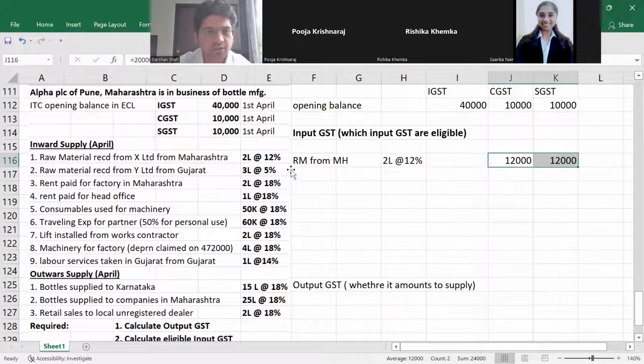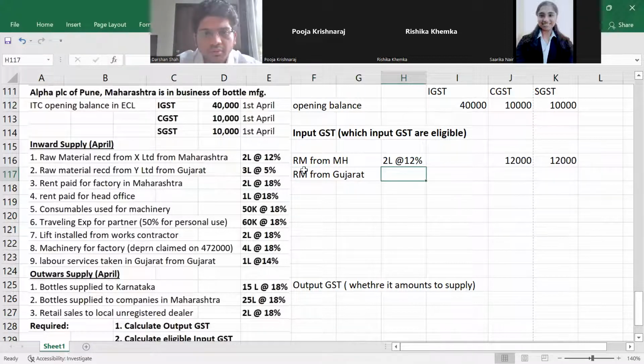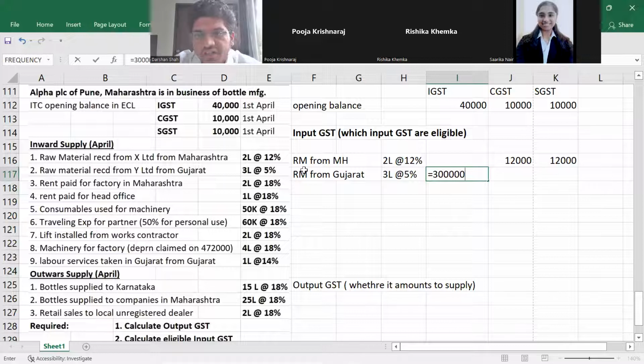Next. Again, it's raw material received from Y Limited, but from Gujarat. Eligible or ineligible? Eligible, but then this 3 lakh at 5%. What happens over here? IGST, because it is interstate, right?